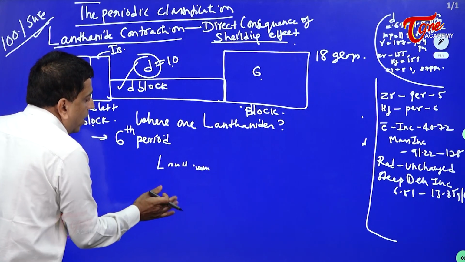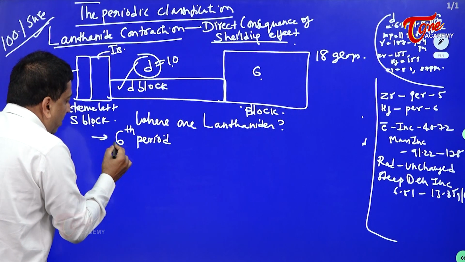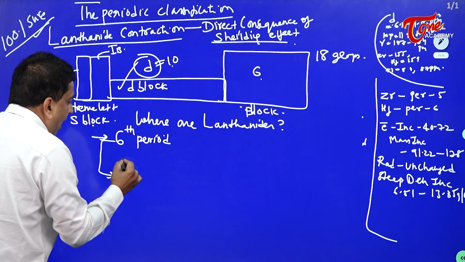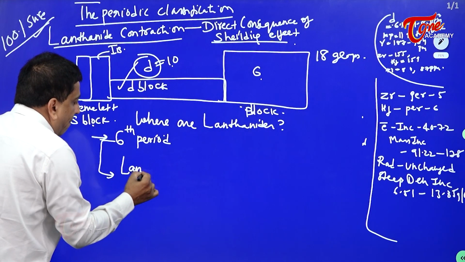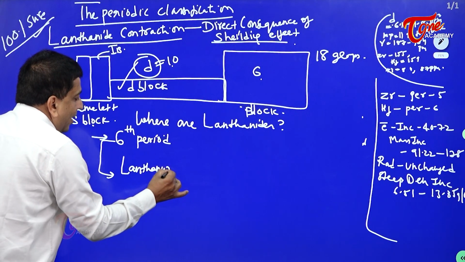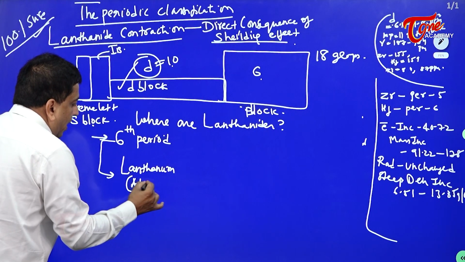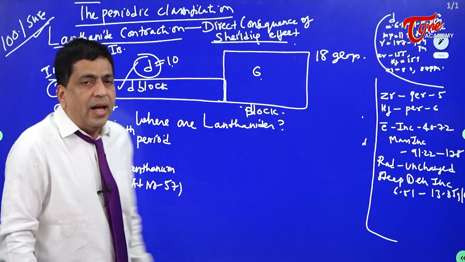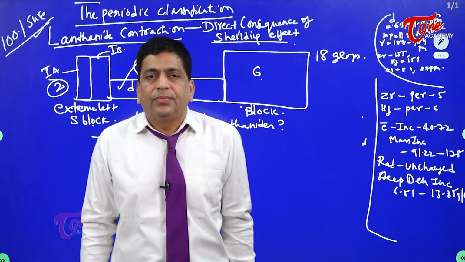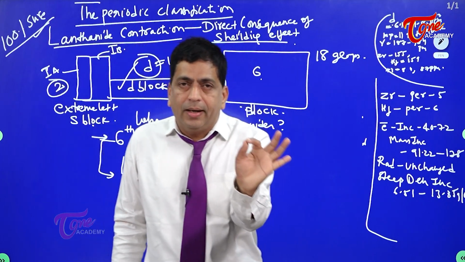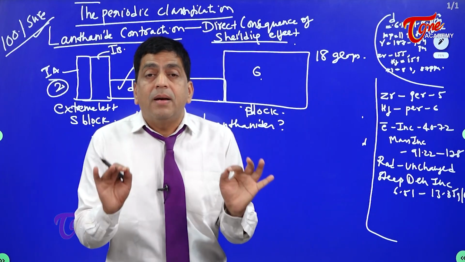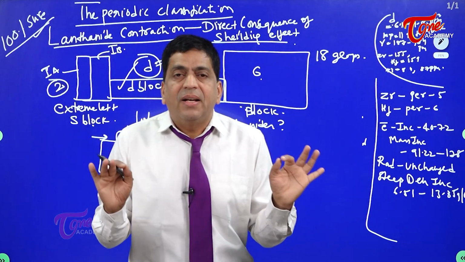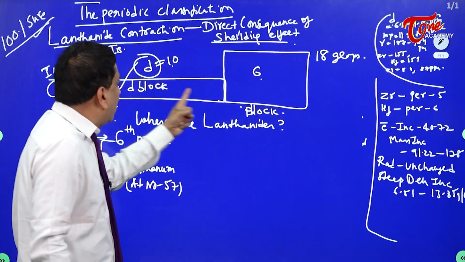Let me write it correctly. This is the 6th period, and it is lanthanum with atomic number 57. And I want to warn you, and I want it to be very clear, lanthanum is a D block element.